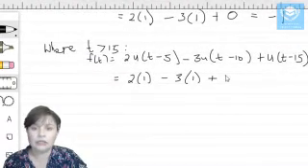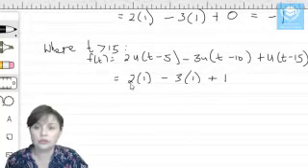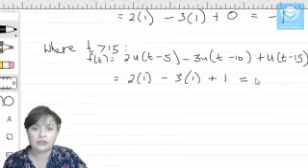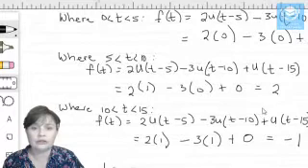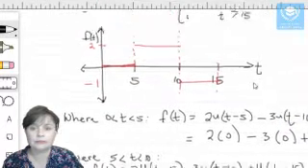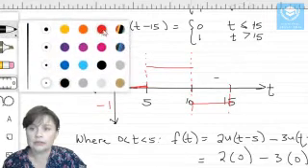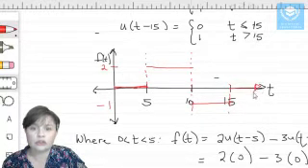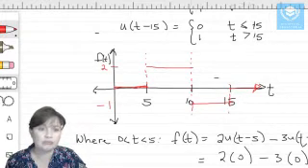So you're going to have 2 minus 3 is minus 1 plus 1, which means your function is going to be 0 at that point. And if we graph that, it's going to look like that. And it's going to continue being 0, because t is bigger than 15.